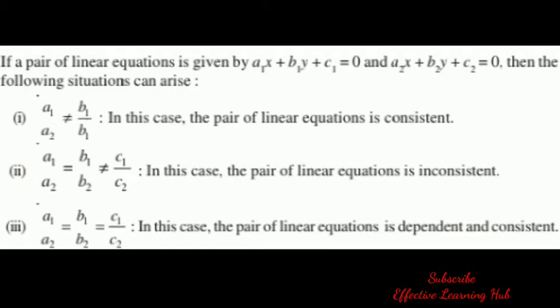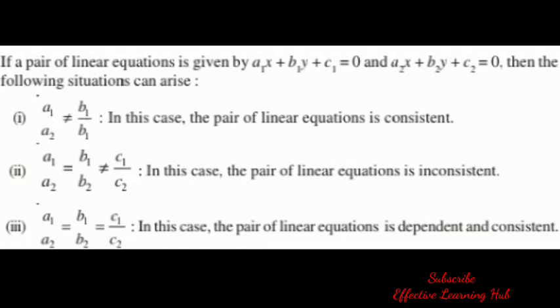A1 by A2 equal to B1 by B2 not equal to C1 by C2: in this case, the pair of linear equations is inconsistent. A1 by A2 equal to B1 by B2 equal to C1 by C2: in this case, the pair of linear equations is dependent and consistent. Both are equal means dependent and consistent. One equal, one not equal means inconsistent.